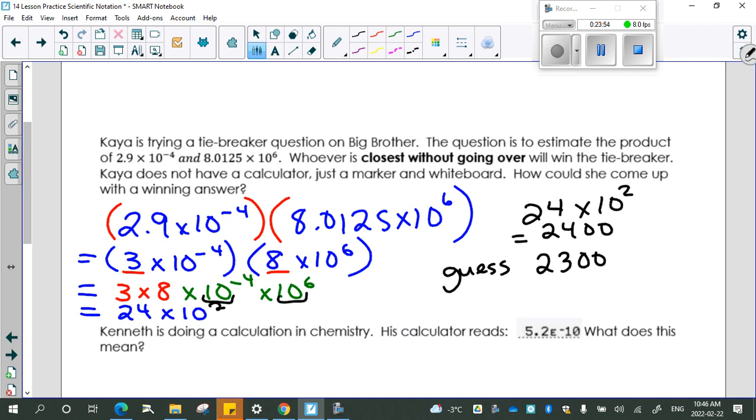Oh, good choice I made. I was close. If I'd done 2,350, I would have been over and out. Okay? So without a calculator, using rounding and powers, adding and subtracting, you can get there if you understand scientific notation. Okay?